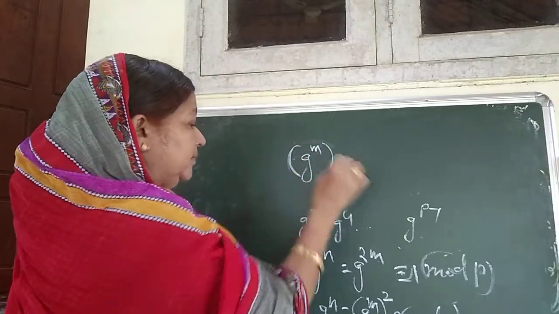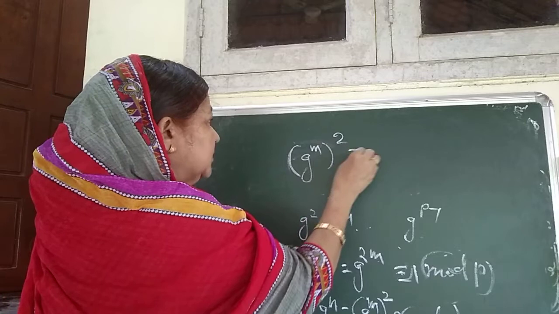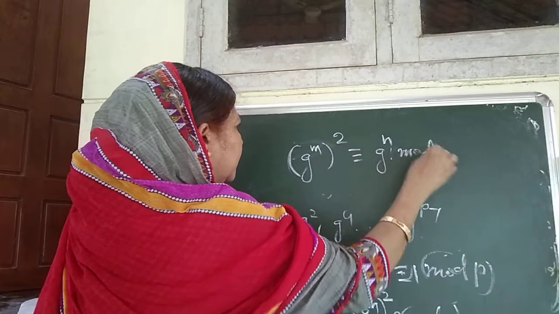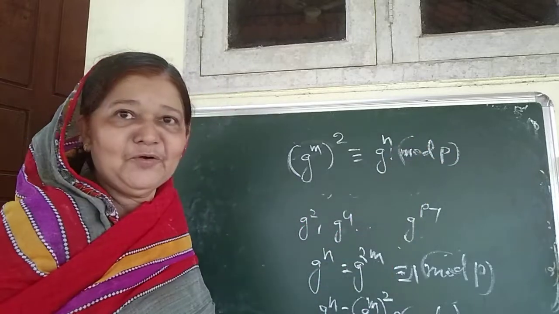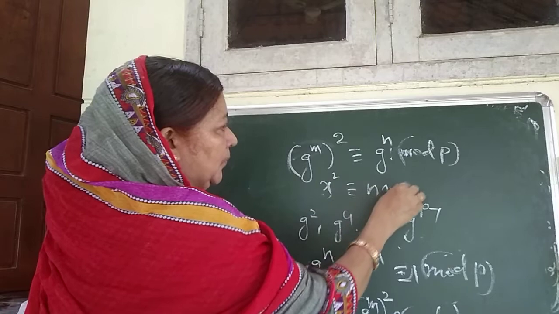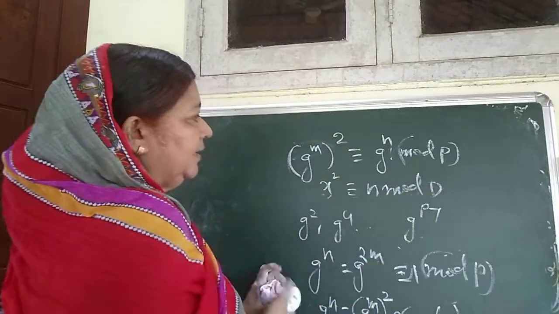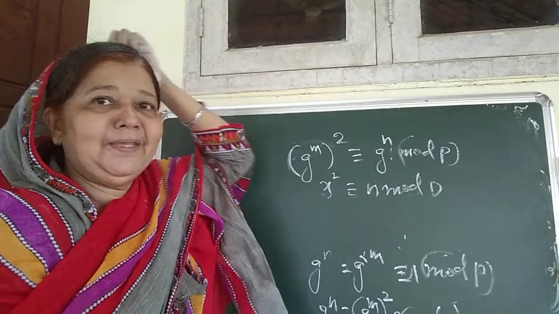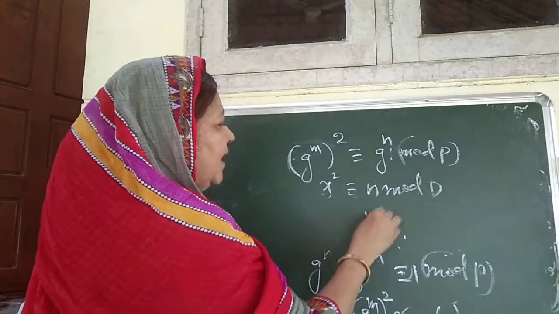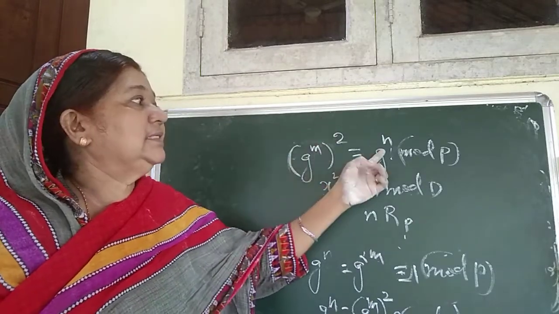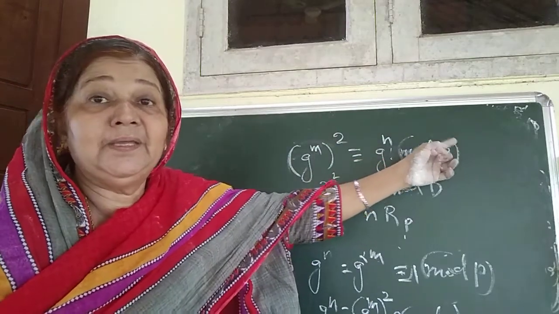G raised to m, the whole square, is congruent to G raised to n modulo P. We know if x square is congruent to n modulo P, then n belongs to the quadratic residues modulo P. Here we get G raised to m, the whole square, is G raised to n modulo P.